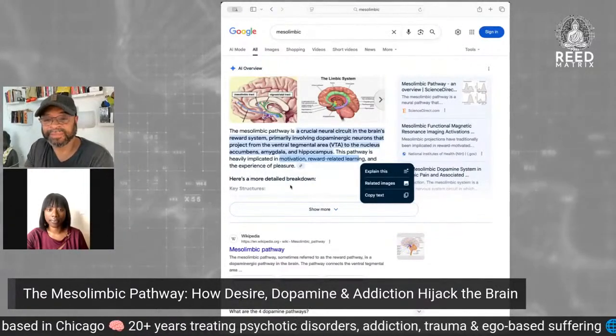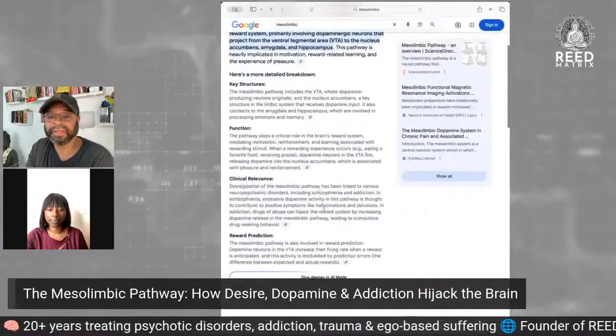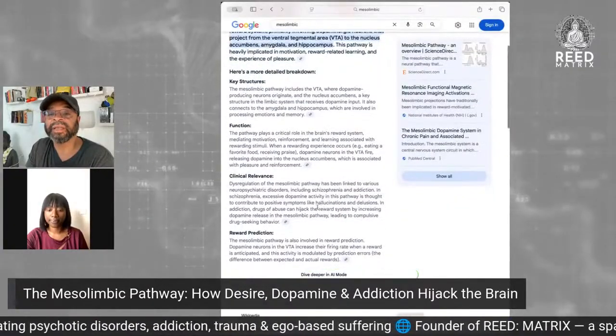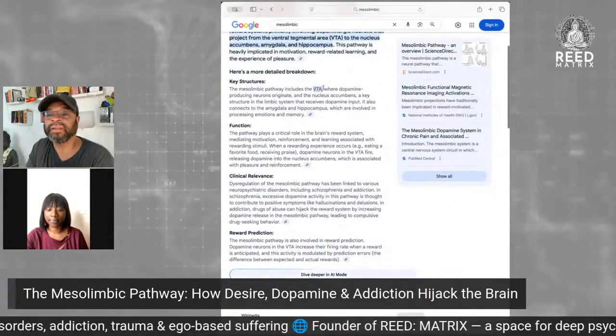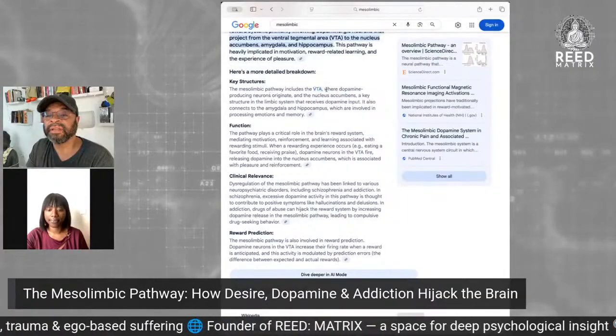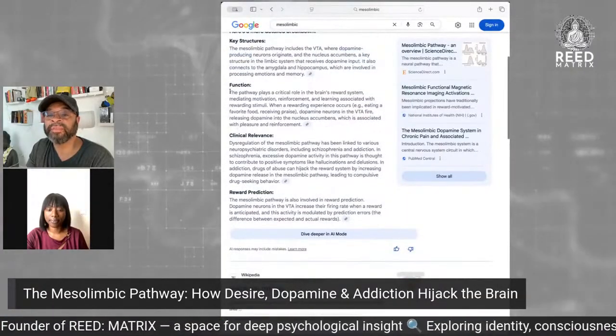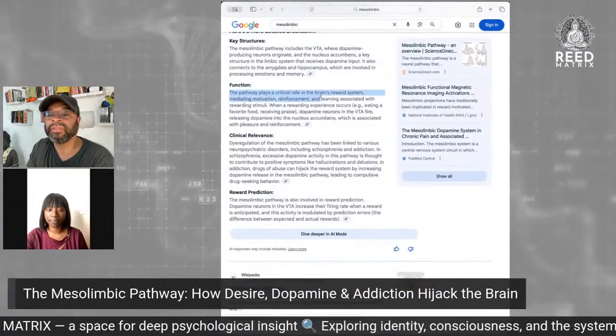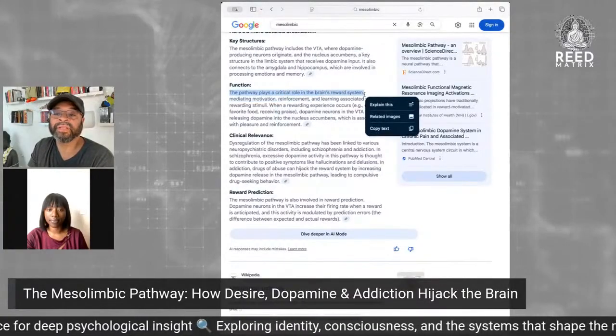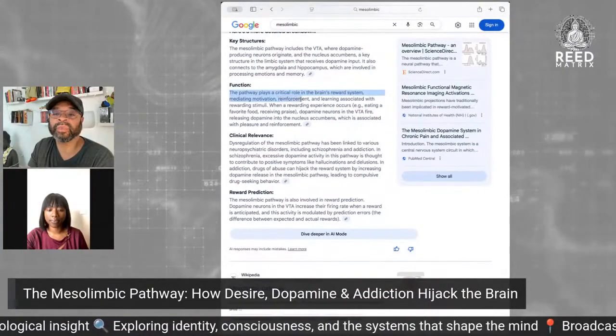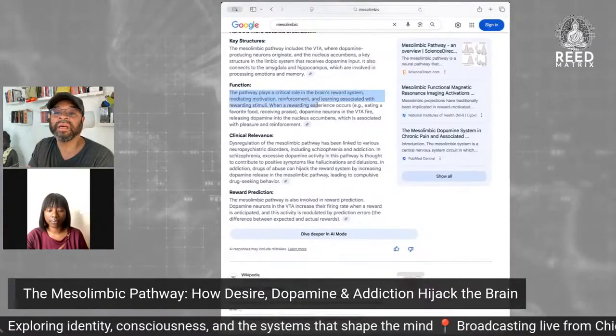Mesolimbic, VTA, dopaminergic neurons. The pathway is crucial in the brain's reward systems, motivation, reinforcement, and learning.